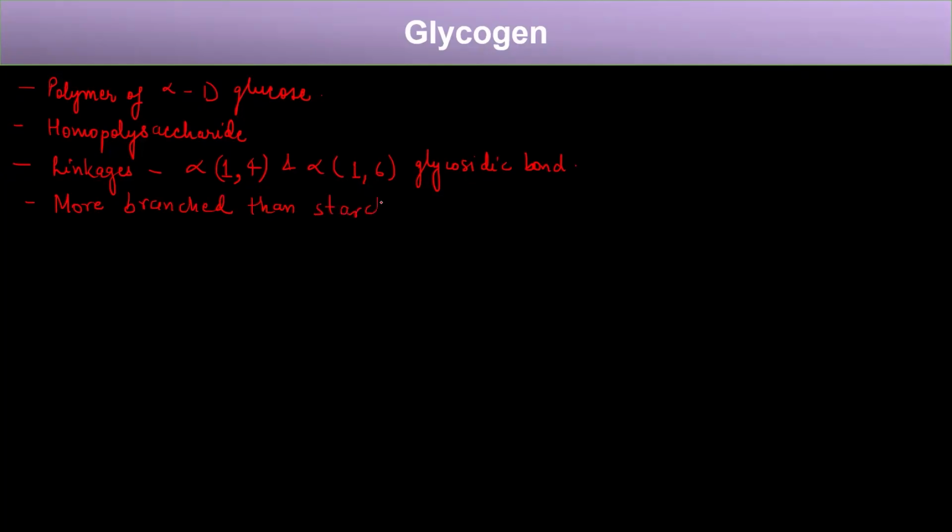Because of this, it resembles amylopectin. So what is amylopectin? In starch, we studied that it comprises two components, the amylose and the amylopectin. Amylopectin was the branched part. Here the glycogen, because it is more branched, resembles the amylopectin.